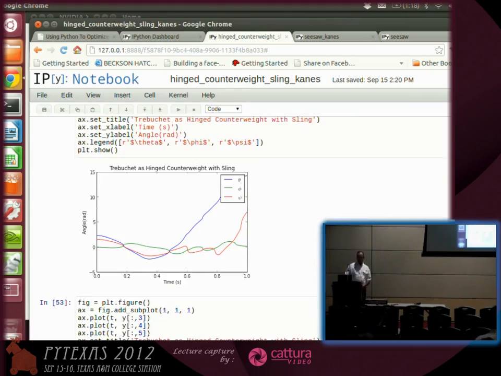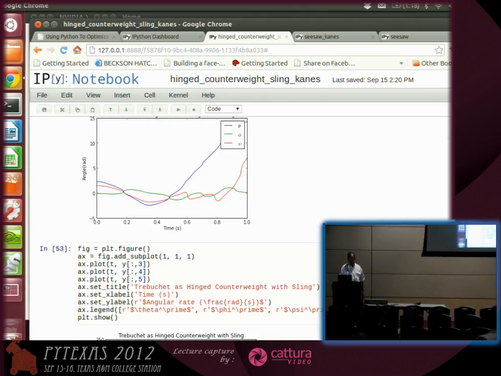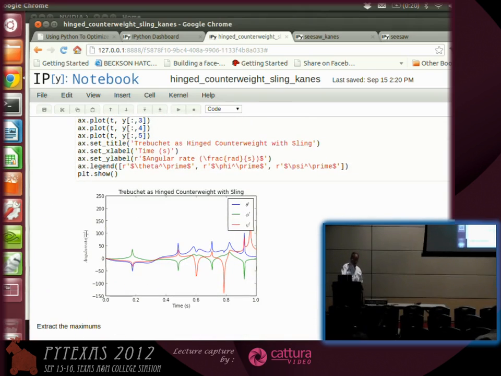Okay, so here we have plots of our 3 variables over time. I let it run for 1 second. The time step was 0.005. I didn't really check whether that was numerically stable or sufficient. It probably wasn't, but it'll work for our purposes here. And then more interesting is a plot of the velocities. Now, anybody heard of a double pendulum problem?